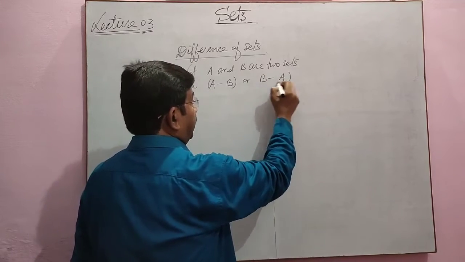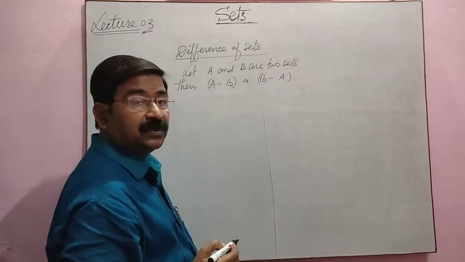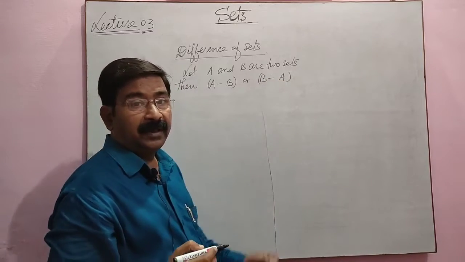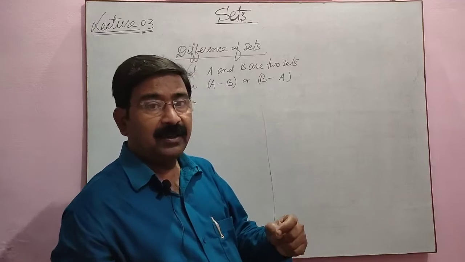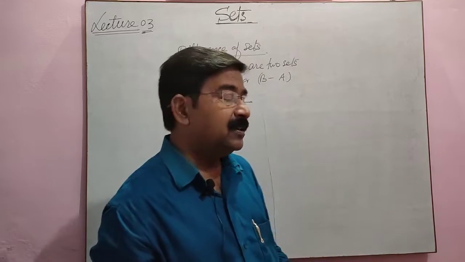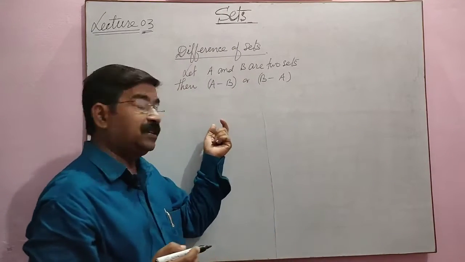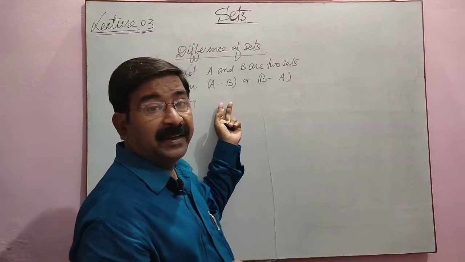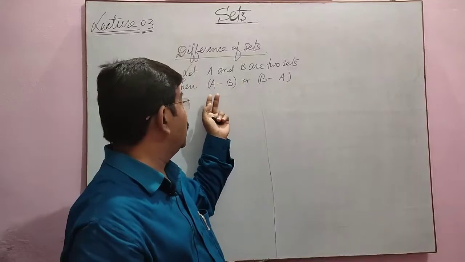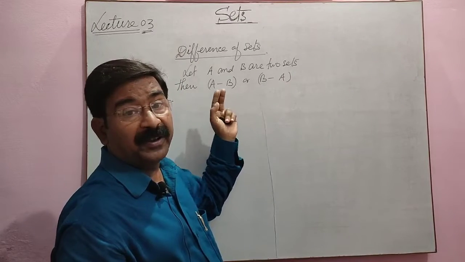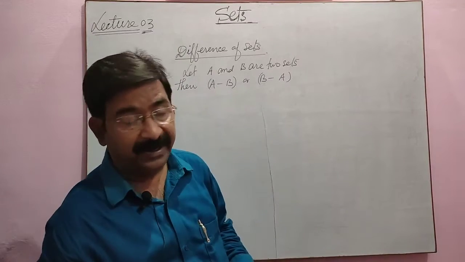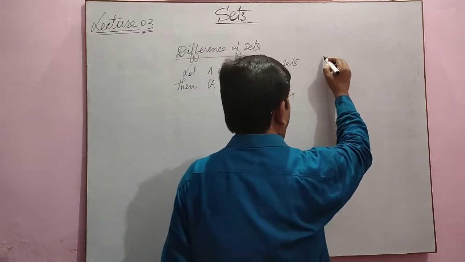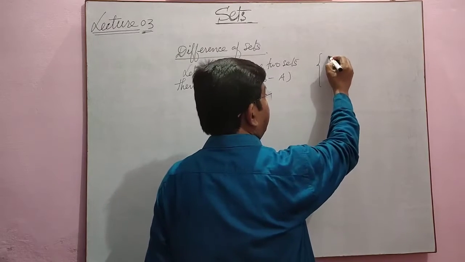Very simple. In your own language, we simply say that if two sets A and B are given, then A minus B means the elements of A which are not found in B. Let's see, I am giving an example, then you can see.